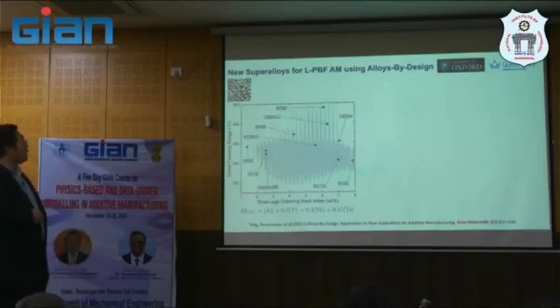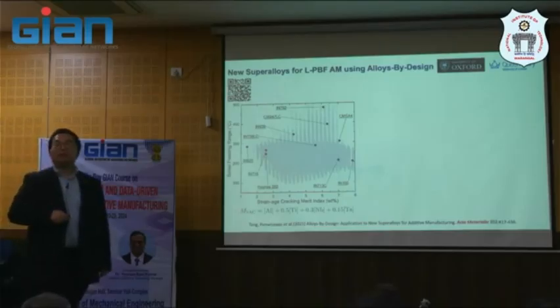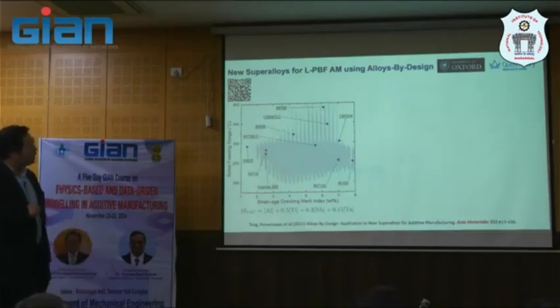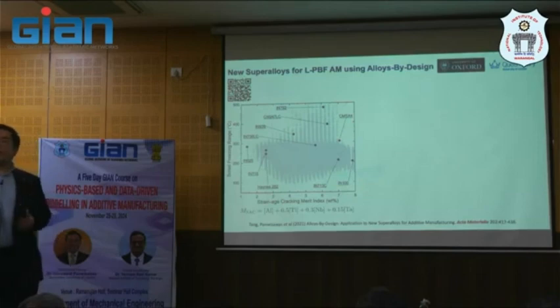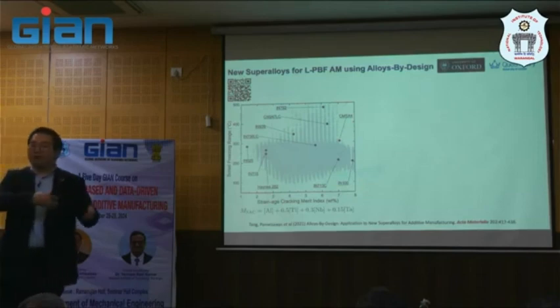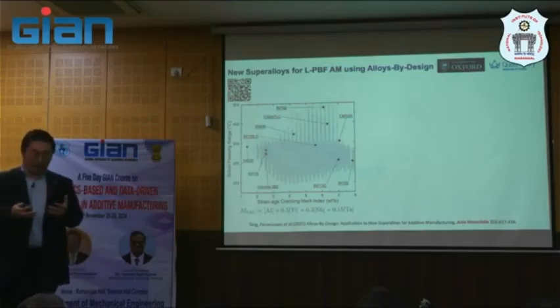So what we did, you can scan the QR code here. That will bring you to the paper that's going to be presented here. But this is something to elaborate more in the next lecture, because this is more about data driven as well. We did screening, ranking and a lot of calculation based on the existing nickel-based superalloy database.